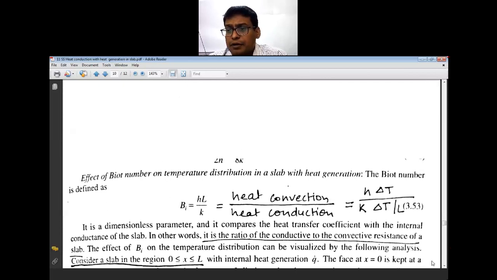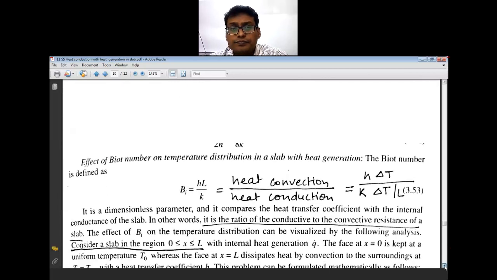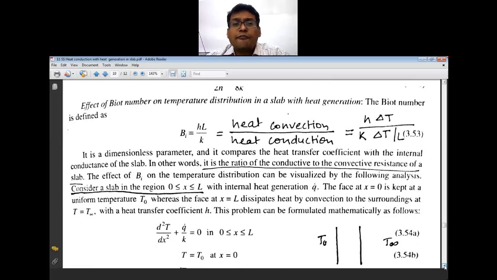Now coming to the Biot number. The effect of Biot number on temperature distribution in a slab with heat generation, how the temperature is going to behave.